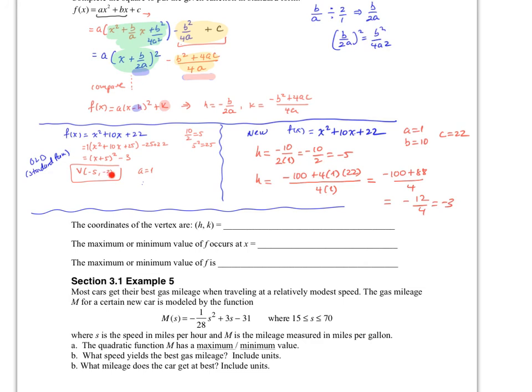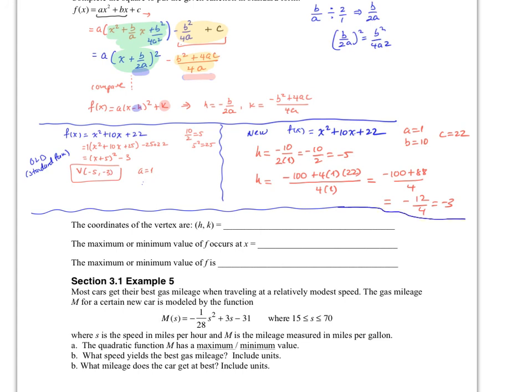And that's exactly the same thing we got here. So if I only ask you to find the vertex, you can do it this way or this way. It depends on you. If the question is asked in this form, this method is actually faster because it doesn't require you to complete the square. But if the question is asked in standard form, then this is definitely the easiest and fastest way to do it. So it depends on how the question is asked.